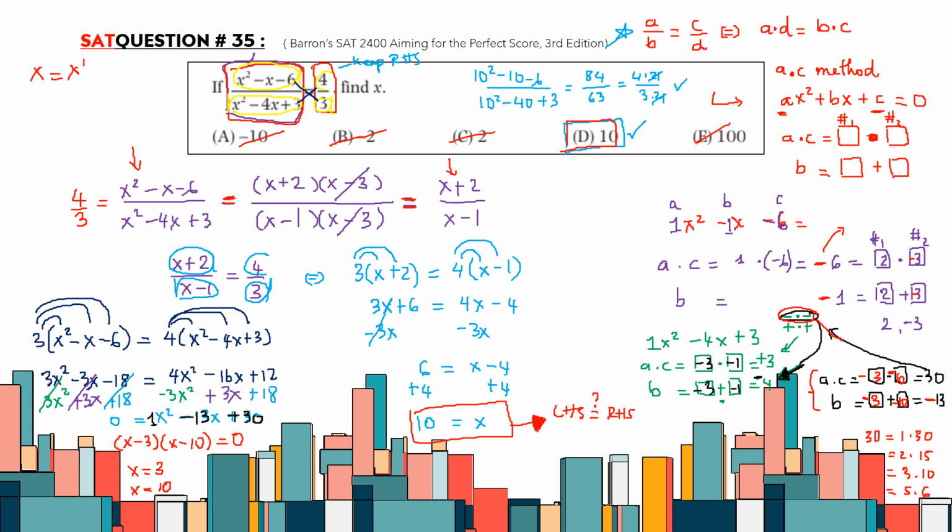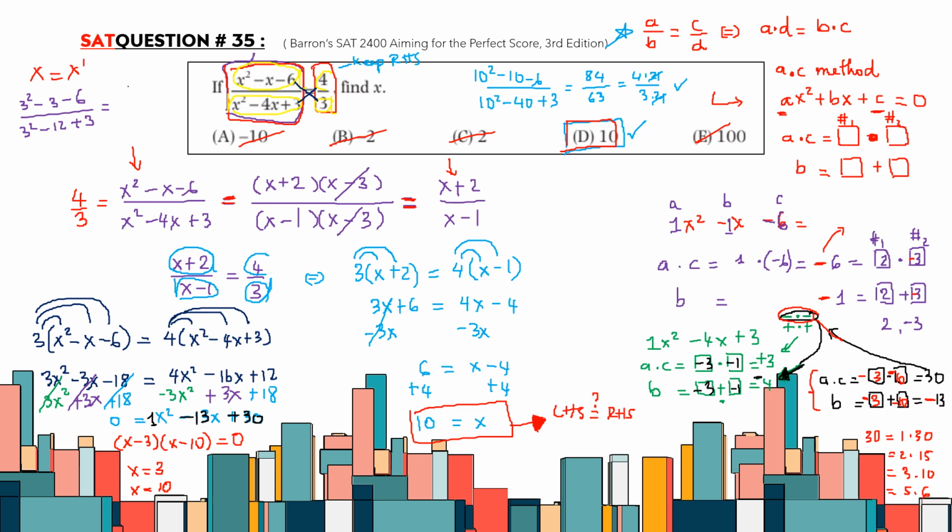If we want to check if 3 can be the answer in this problem, we can just plug it in one more time. We plug it in, so we have 3 squared minus 3 minus 6 over 3 squared minus 4 times 3, that's 12, plus 3. We want to check if this equals 4 over 3.